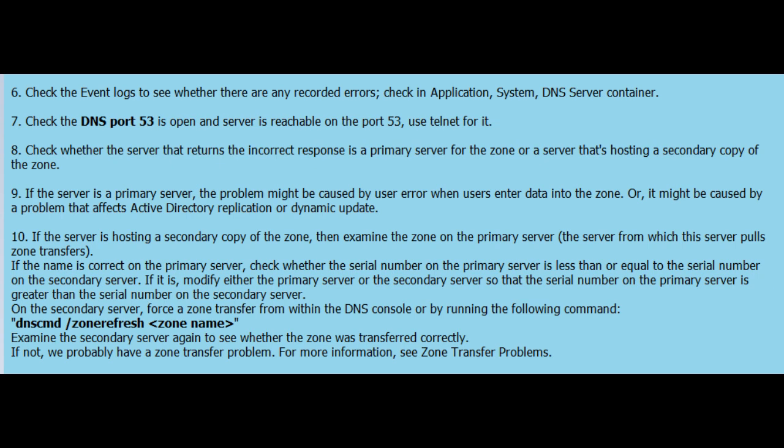On the secondary server, force a zone transfer from within the DNS console or by running the following command: dnscmd /zonerefresh zone name. Examine the secondary server again to see whether the zone was transferred correctly. If not, we probably have a zone transfer problem. For more information, see Zone Transfer Problems.